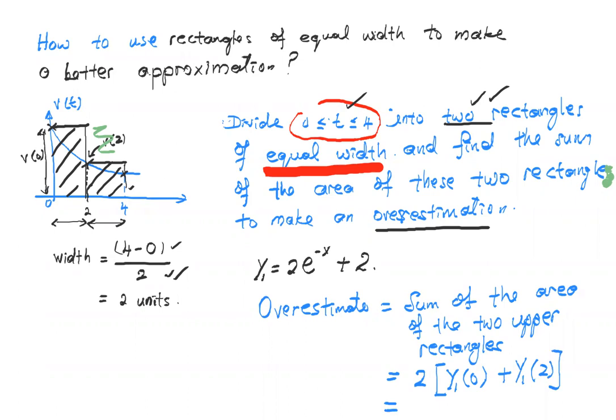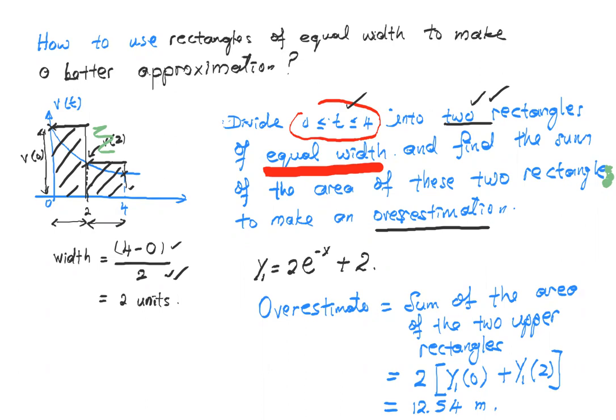What do you get? 12 point something. 12 point what? 54 meter in this case.